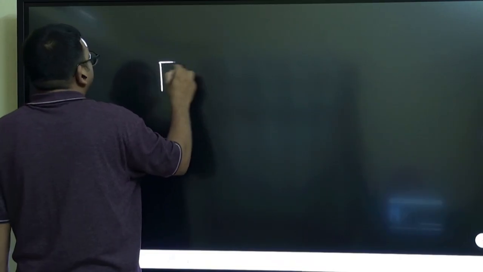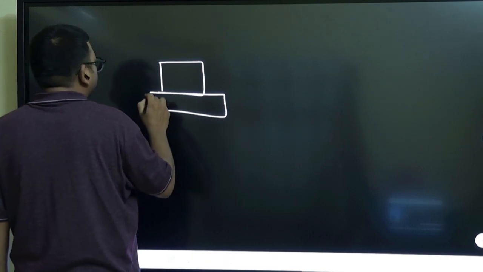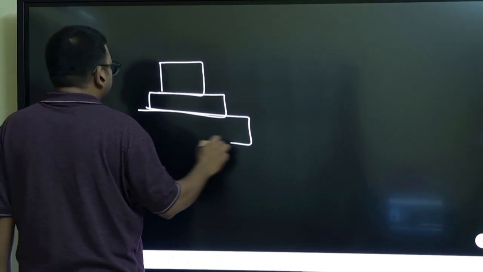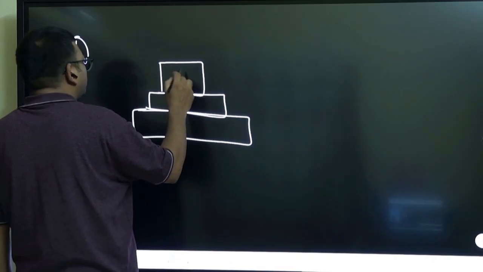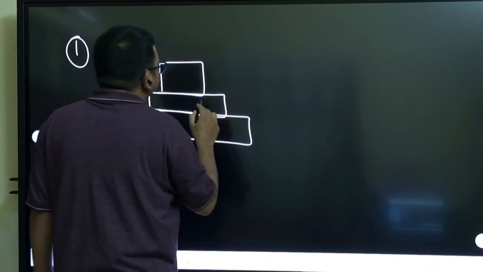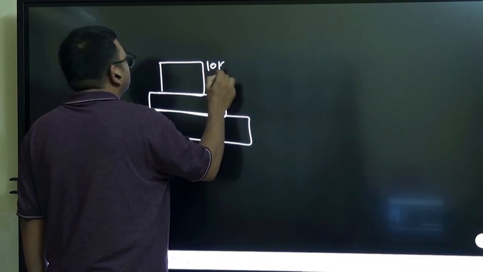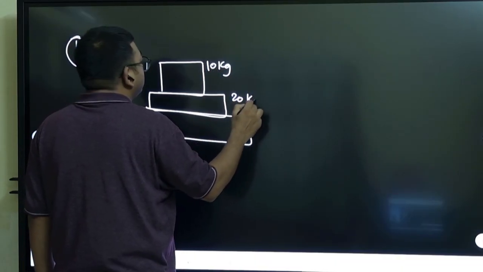Tell me any one of the problems. One problem model we have already solved. Give any other type of question on this. What are the masses? Top mass, how much is it? 10, 20, 30.